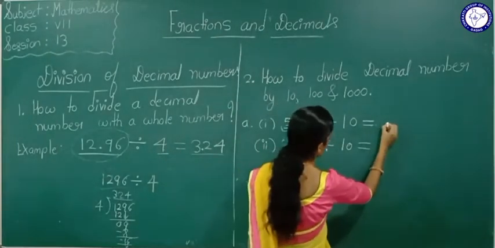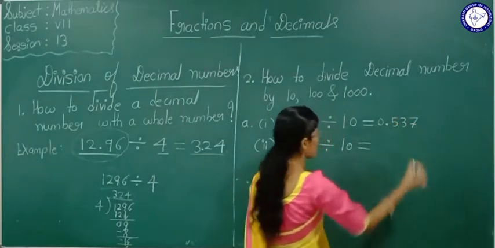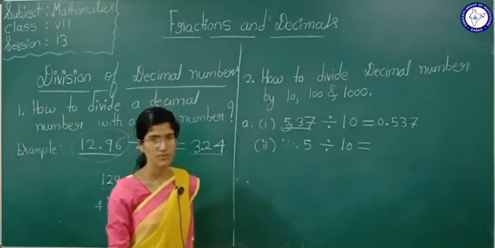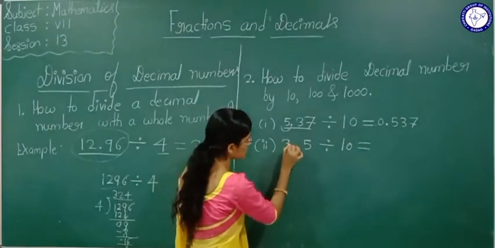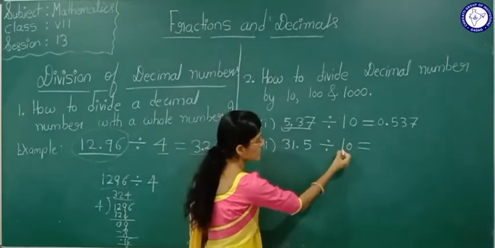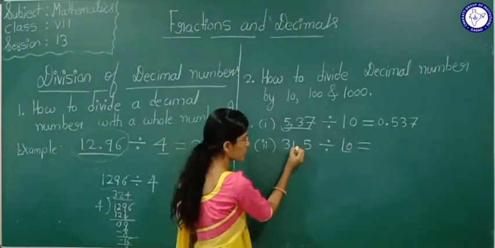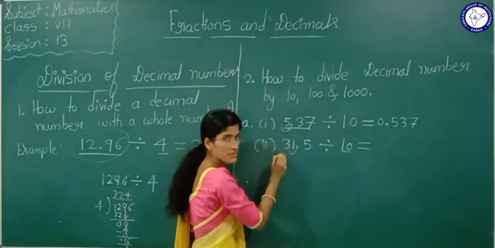It will become 0.537. Now see, here it is 31.5 divided by 10, right? Here division is there, so shift this decimal point to the left by 1 place.